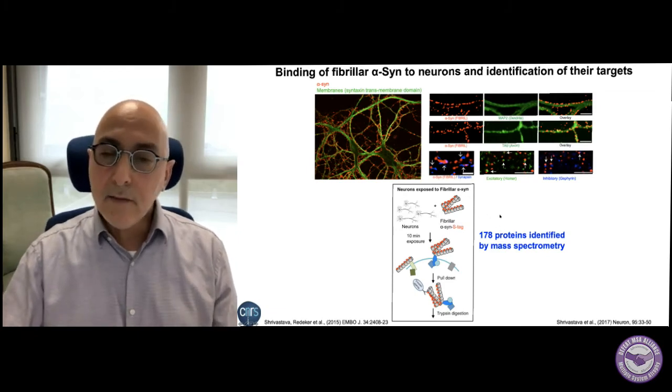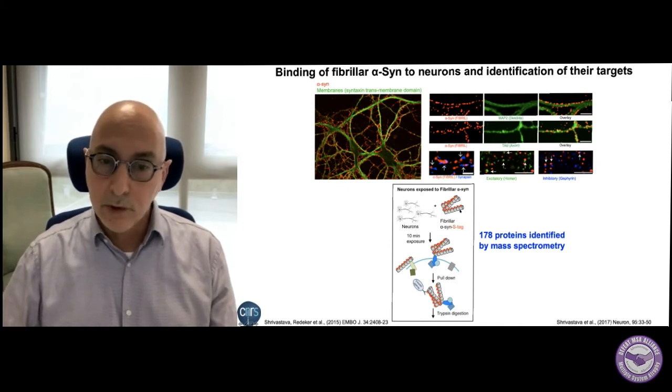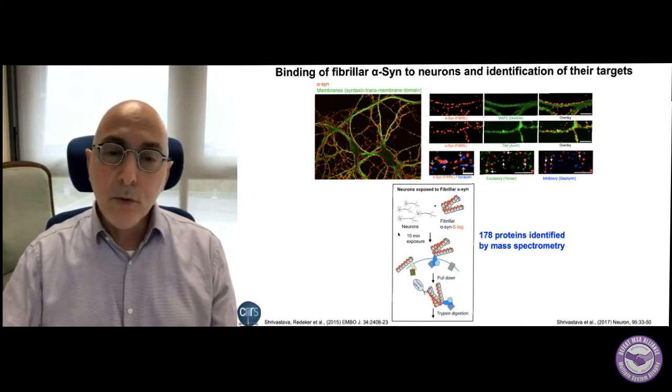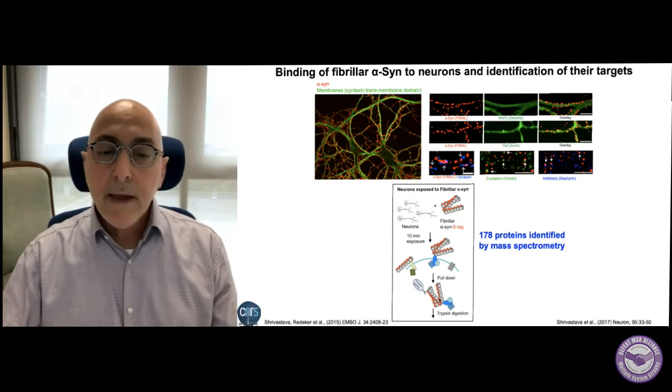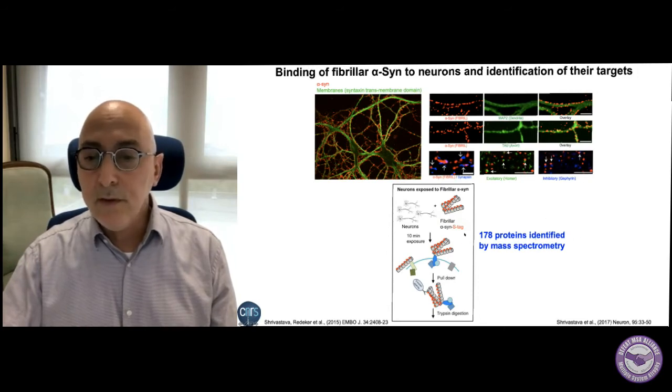So we next ask the question, what proteins do these fibrils bind to? What are their receptors, in other words? So we exposed neurons briefly to fibrils with a tag. We pulled on the tag, and we identified the proteins that bind to the fibrils by mass spectrometry. And as you can see here, we identified 178 proteins.